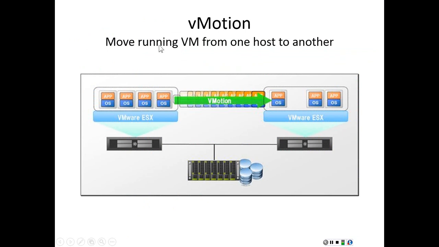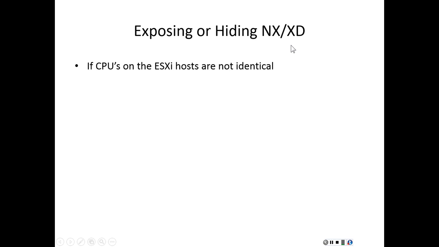vMotion allows us to move a running virtual machine from one ESXi host to another. Exposing or hiding the NX/XD parameter. This stands for no execute or execute disable.